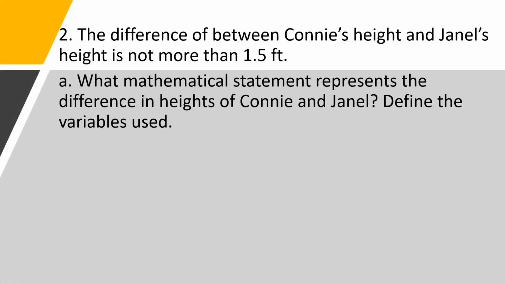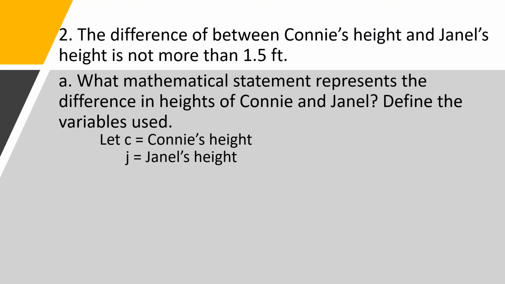So let's now answer question letter A. What mathematical statement represents the difference in heights of Connie and Janel? Define the variable used. So we will let C represent Connie's height and J represent Janel's height.